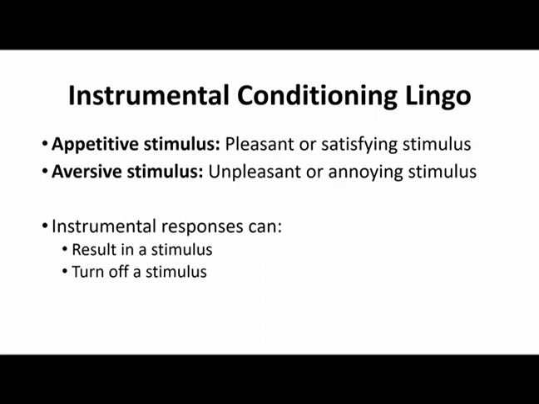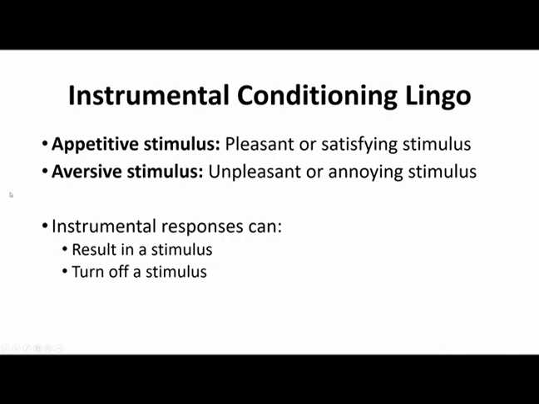Now, most of the terminology that we're going to be talking about should be probably twice over review and refresher for you guys. You would have heard these terms back in 104, and then again in 282, and possibly in other courses as well. So the first thing we want to define are two different kinds of stimuli.